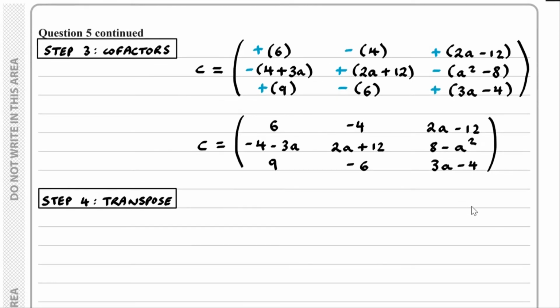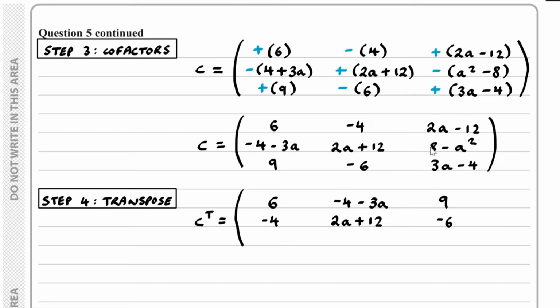Our next step would be to transpose this matrix. So if I transpose the matrix, the first column becomes the first row, so I've got 6, minus 4 minus 3a, 9. The second column becomes the second row, so I've got minus 4, 2a plus 12, and minus 6.